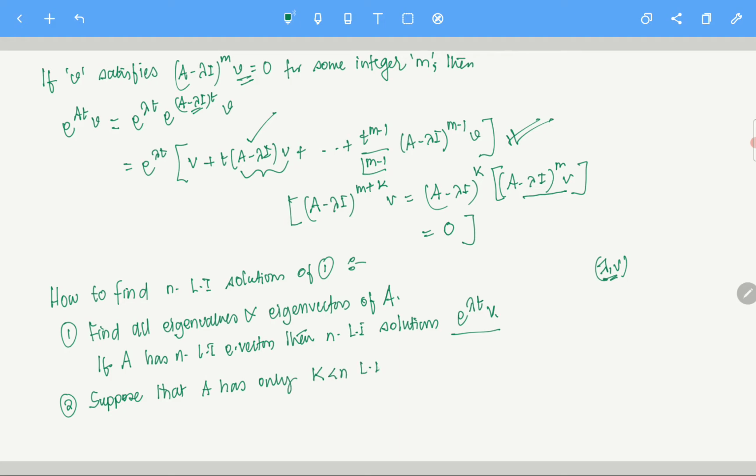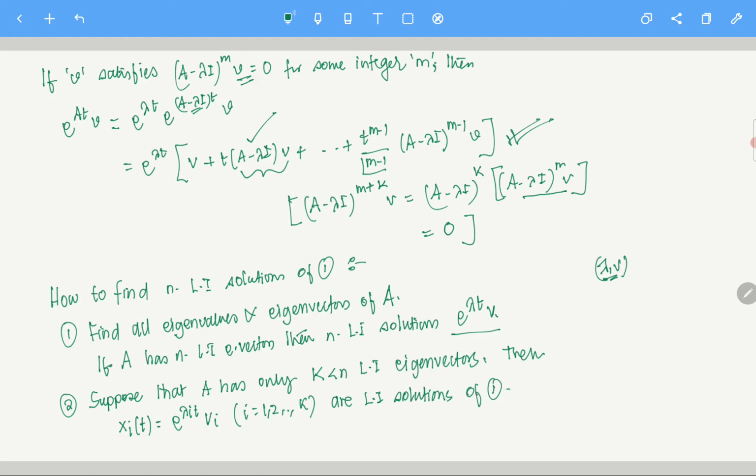Then you have only x_i of t equal to e to the power lambda_i t times v_i, for i equals 1 to k, as linearly independent solutions of 1.